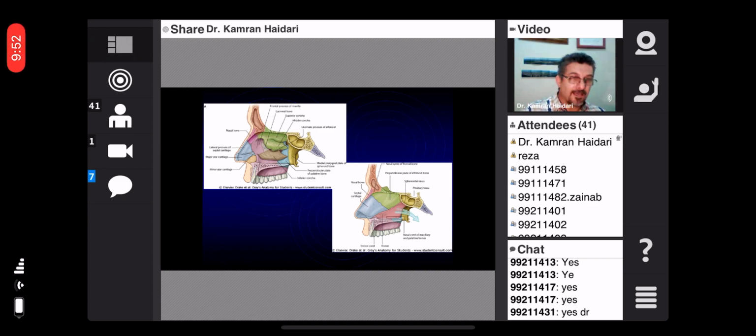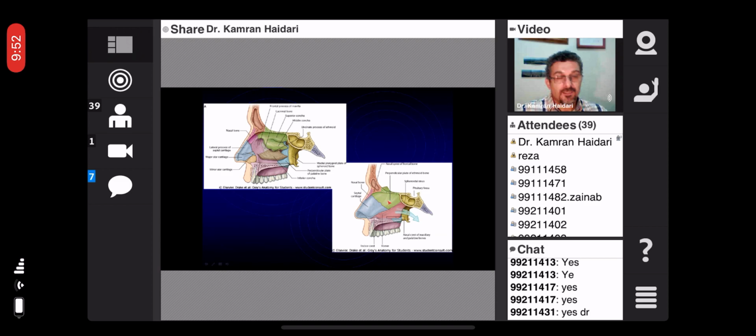Now come with me in this picture, and you can see the nasal septum consists of 2 parts, the bony part and the cartilaginous part.